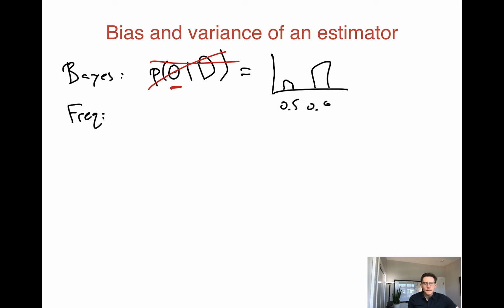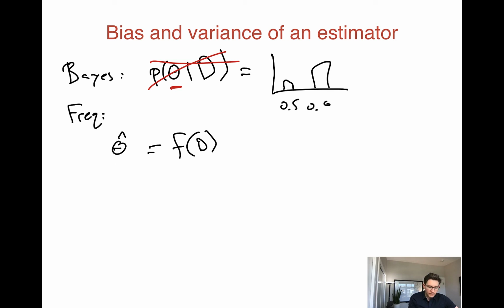Instead, a frequentist would say, okay, we're going to take our data and put it through some estimation process, like saying if we see many more heads than tails, then we're going to estimate the coin to be 0.6 versus 0.5. And that's going to give us an estimate of theta hat.